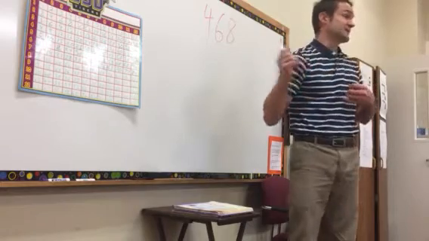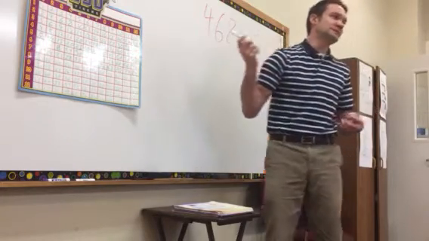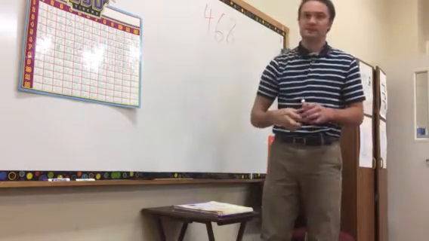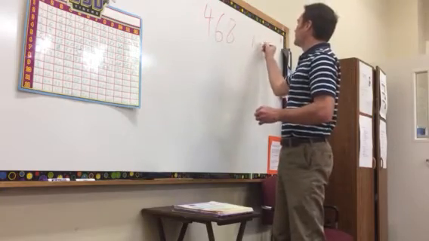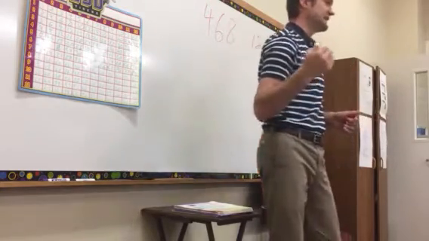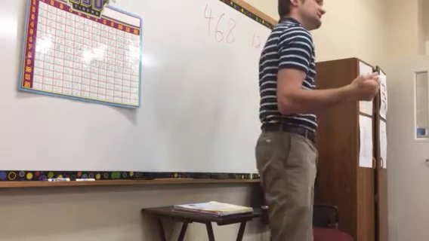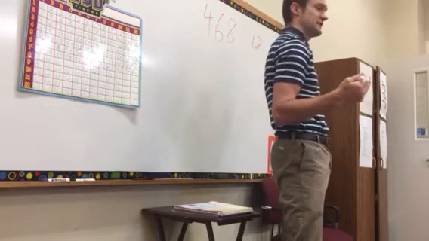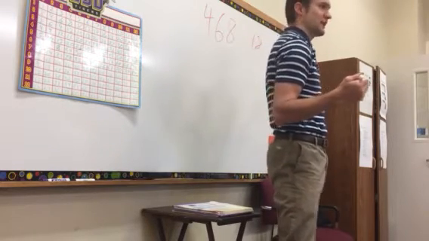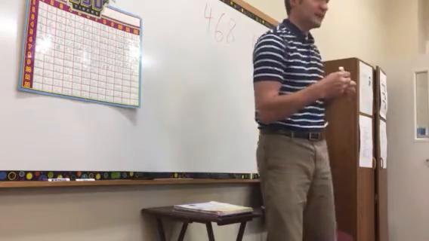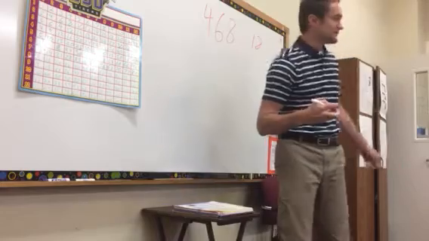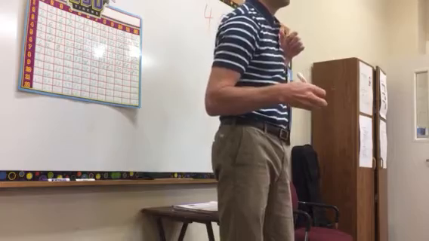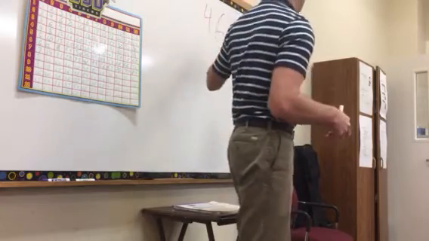Let's add up the digits and find out. 4 plus 6 is 10, plus 8 is 18. The sum of our digits is 18. Can 18 divide by 9 easily? Yes, without a remainder. 18 divided by 9 is 2. No remainder. So, because the sum of our digits is divisible by 9, that means the whole number is divisible by 9. Same thing we did with 3, except it's got to be divisible by 9.